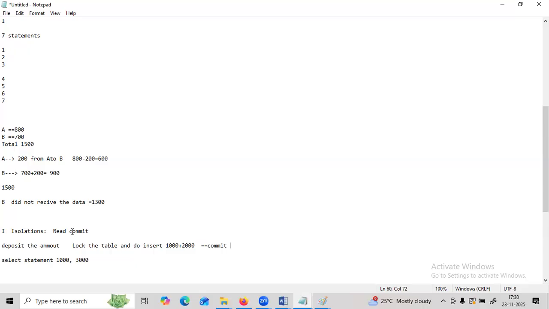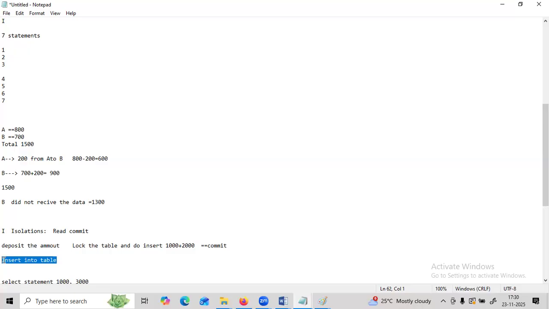Read committed means whenever we enter a transaction, it is automatically taken as a commit. So if I type any insert into table, here there is no need to put any commit. Once we execute the statement, it is automatically considered a commit.